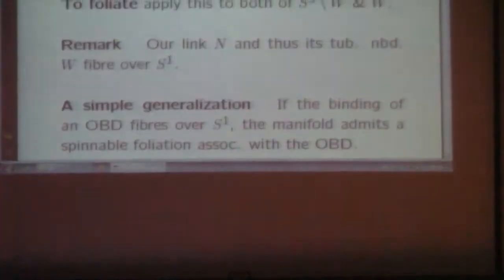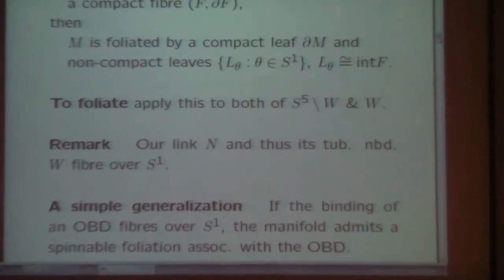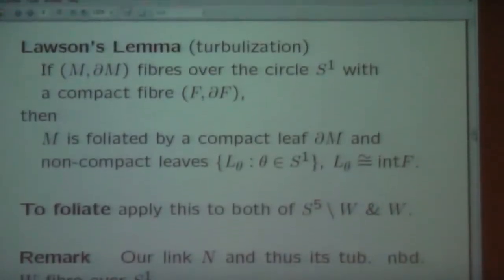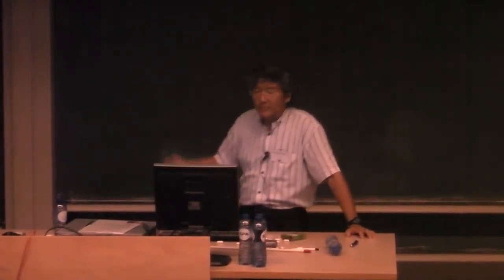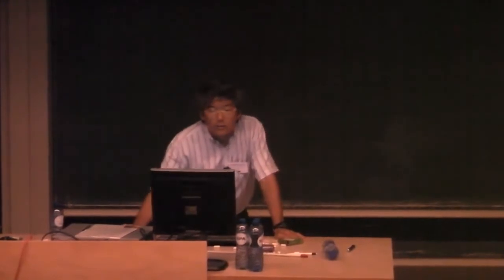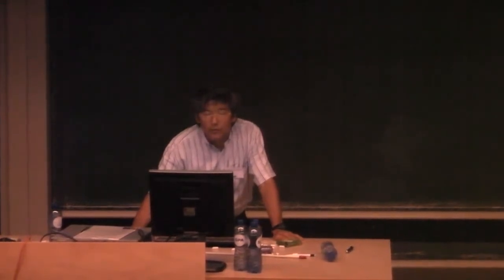But now we see the original construction of Lawson's foliation. If we look at Lawson's foliation, it has a rich geometric structure, and it has a lot of interesting properties to work on still. So that is the end of the history of Lawson's foliation in my talk.